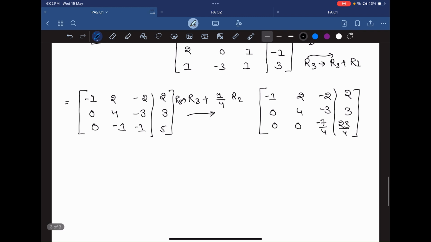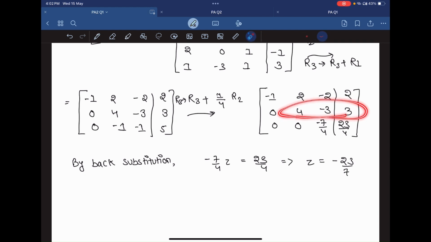Now from back substitution, we will get minus 7 by 4 z is equal to 23 by 4, which gives us z is equal to minus 23 by 7.